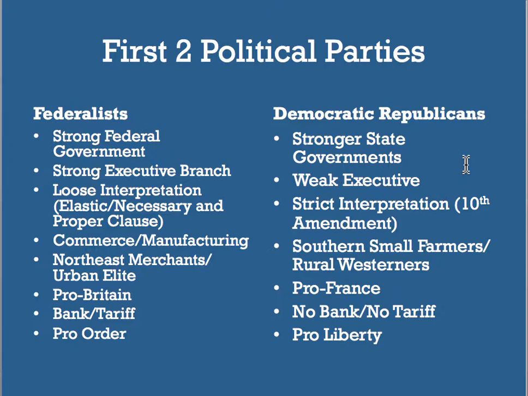So a government that's more supportive of states' rights. They're largely backed by Southern small farmers and these rural Westerners who don't trust banks, don't trust federal governments. They're going to be pro-France because France is also going through their revolution that's based on liberty and freedom. They don't believe in banks, don't believe in tariffs because the tariffs are going to hurt them from a farming standpoint. And they're more pro-liberty, believing that the people should have the right to do whatever they want to do as long as they're not getting too crazy.